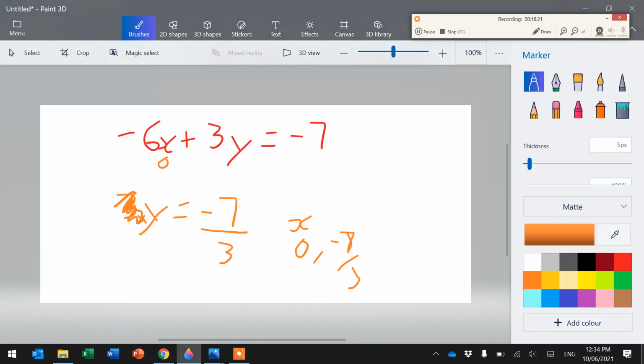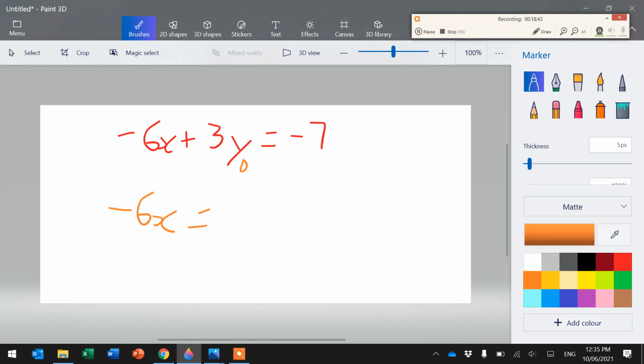Now for the other one, instead of making x 0, we'll make y 0. So if we make y 0, that means it'll be 3 times 0, which will make that whole thing 0. So what we'll have is minus 6x equals minus 7.